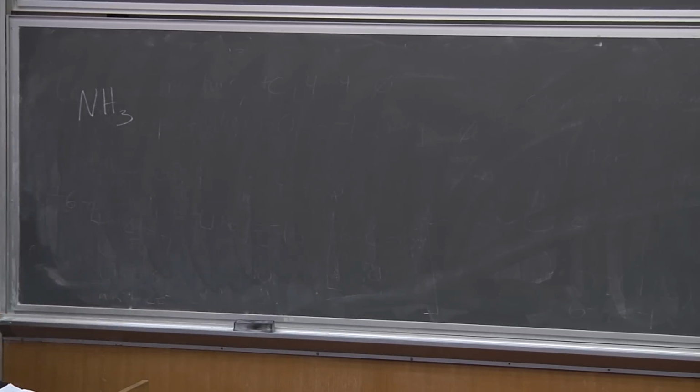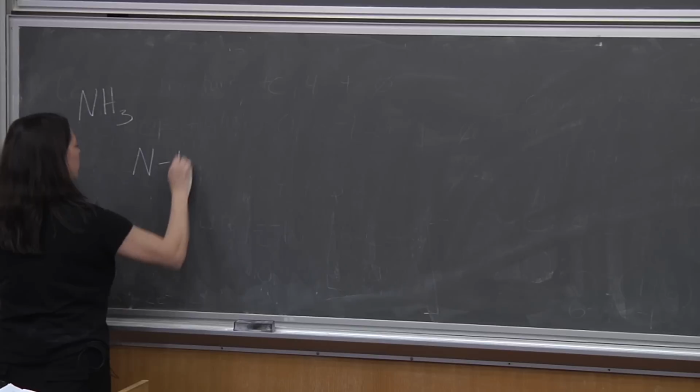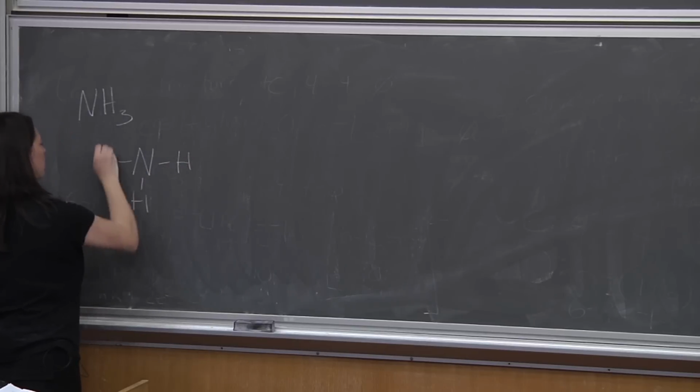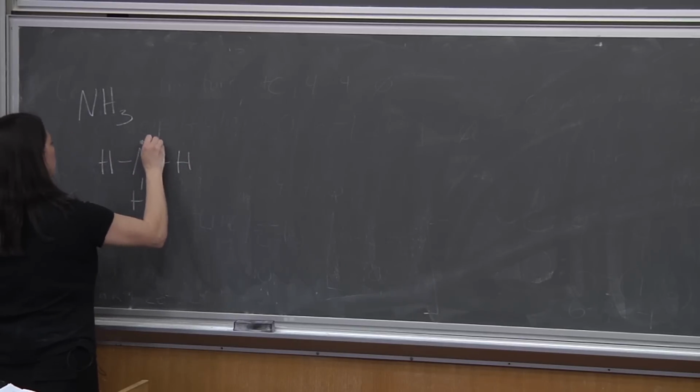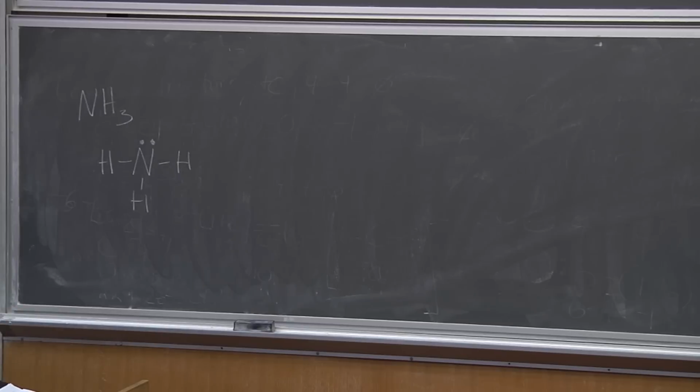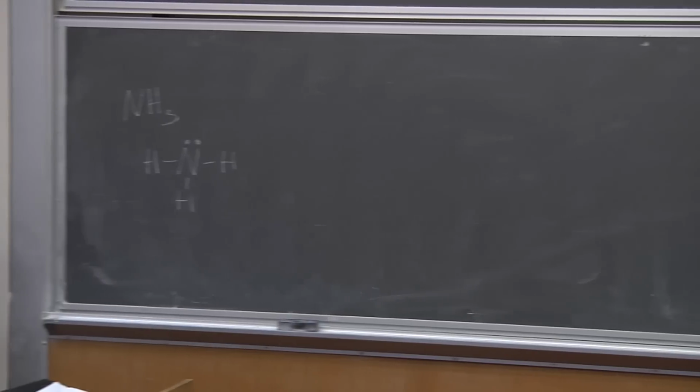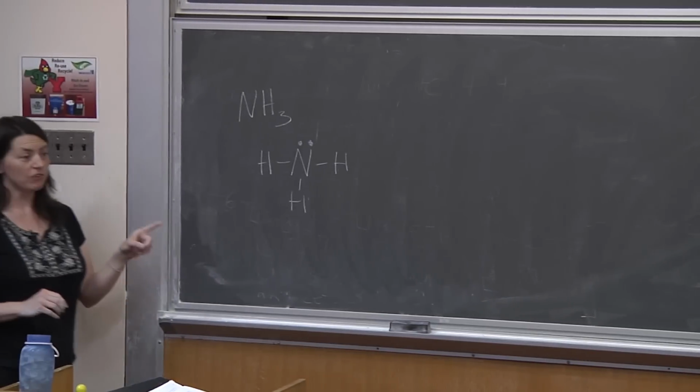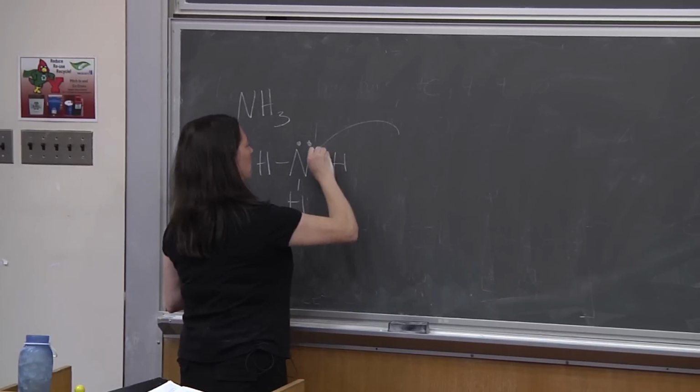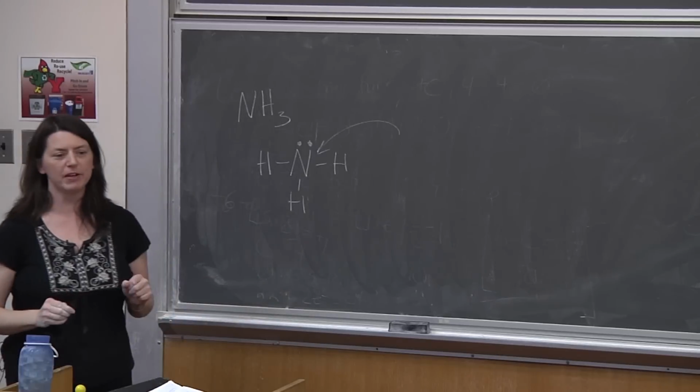Okay, so next one, NH3. You probably did NH3 as a dot structure. The central atom is nitrogen. How many electron groups?